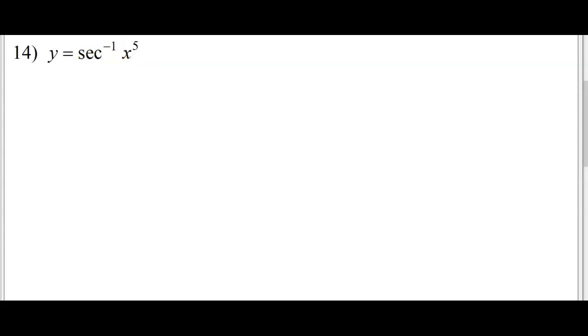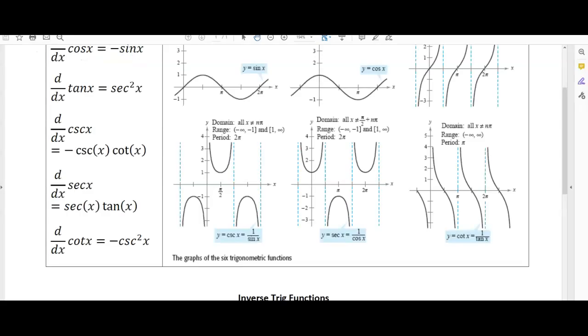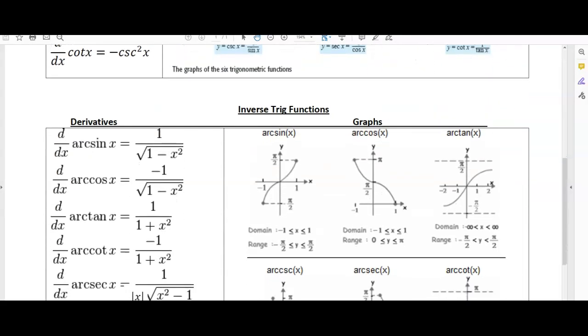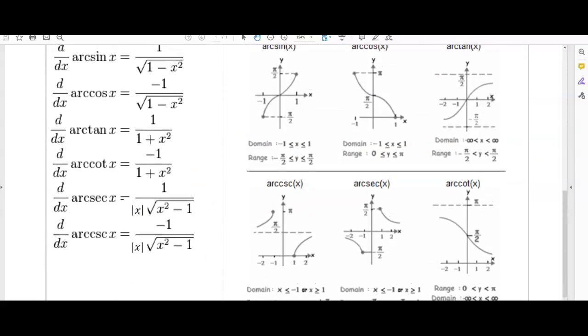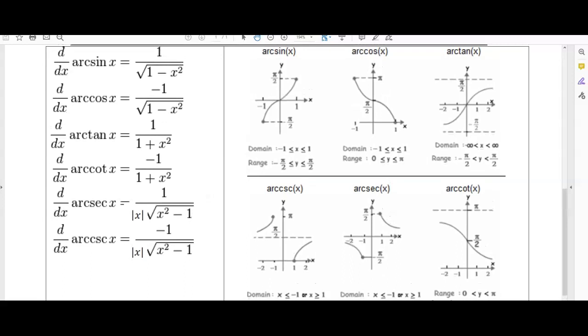Let's go ahead and take a look at our cheat sheet here. We're looking for the derivative of arc secant. That's on the bottom here. These are the inverse trig functions, also known as the arc trig functions. I'm using different notation here. Rather than secant with a little -1, I'm using arc secant. It's the same thing, though, just different ways of writing it.